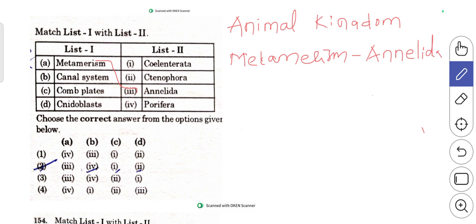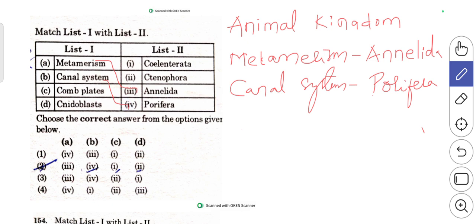Then the second one, they have given canal system. Where did you study canal system? That is Porifera. In Porifera you will come across the different canal systems. Then where did you observe comb plates?